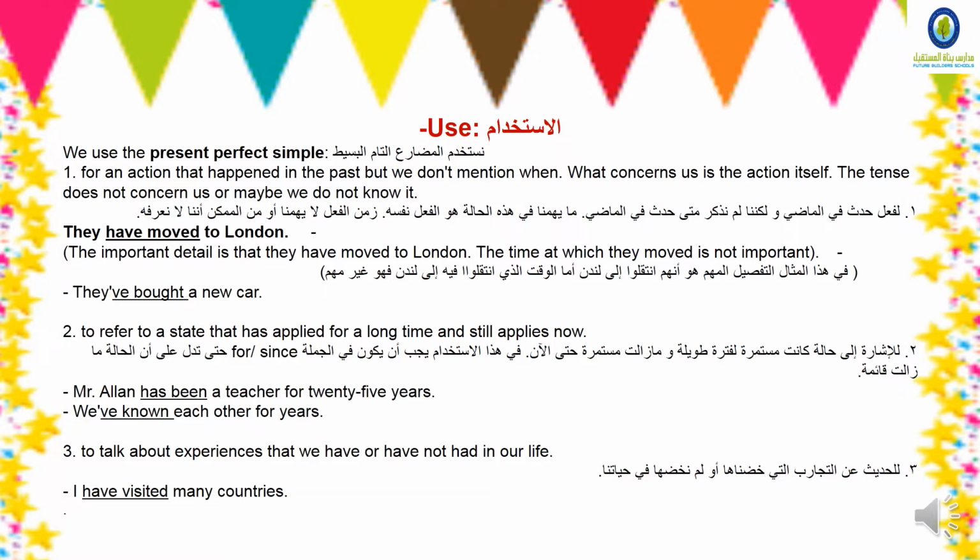Now, when we have for with a period of time, ل 25 سنة, it means that he's still a teacher. We've known each other for years. ما زلنا نعرف بعض منذ لعدد من السنين. So we still know each other because we have for. So when you see for and since with a period of time, it means that the action is still happening.